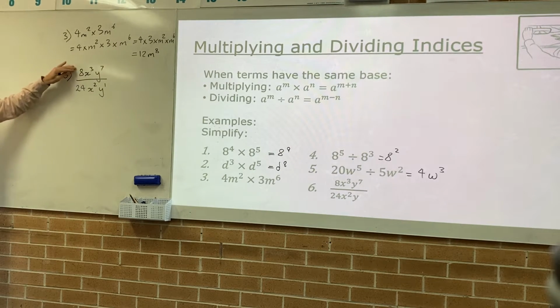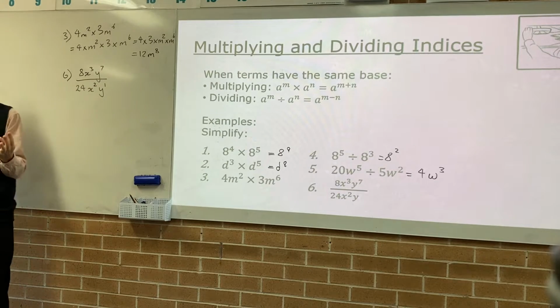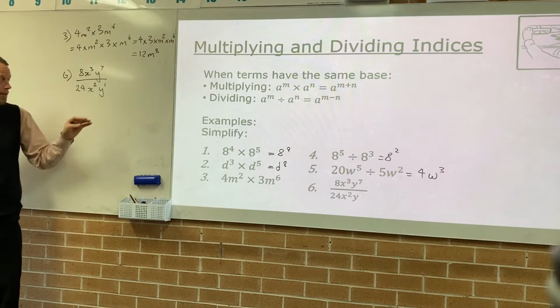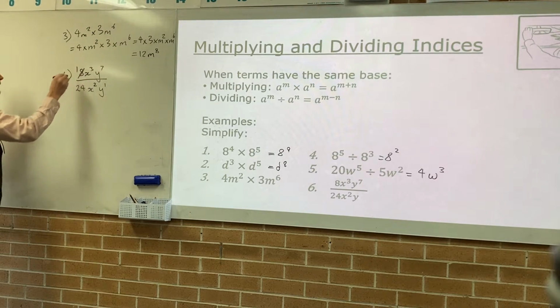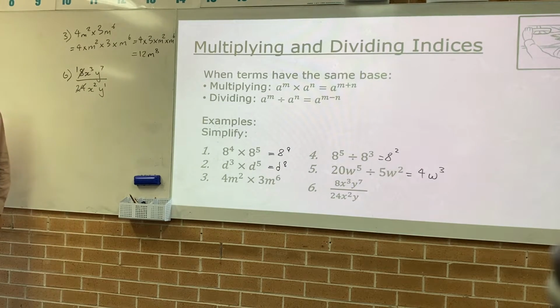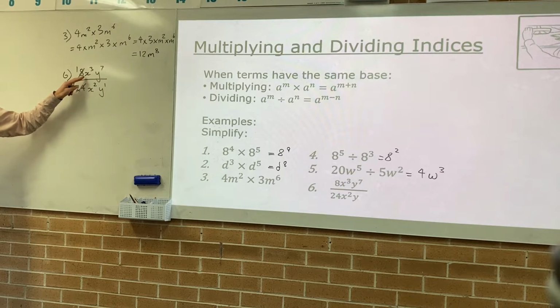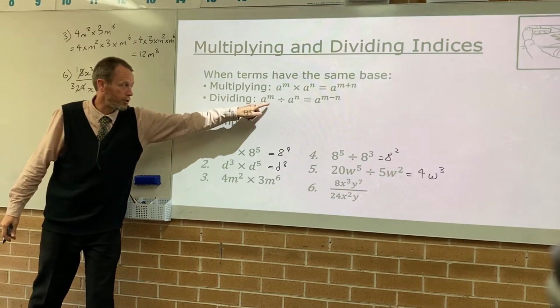All right. When I've got a fraction like this, we can then cancel out, I suppose we call it. What goes into both 8 and 24? 4 does? There's a number higher again. 8 goes into both. How many times does 8 go into 8? Once. So that cancels out, becomes 1. How many times does it go into 24? 3. Good. 3. Now, x cubed divided by x squared. What does our rule teach us when we have that?